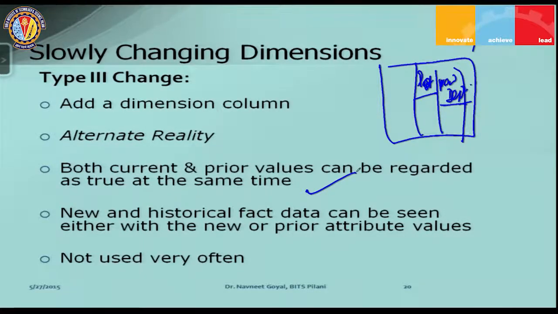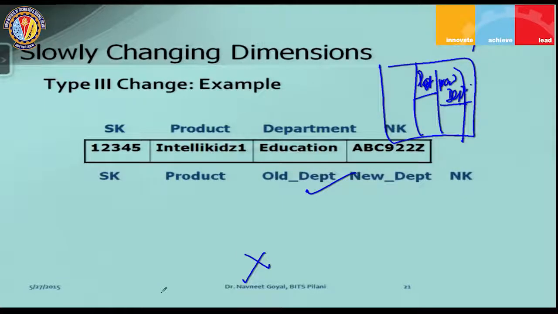New and historical fact data can be seen with either the new or the prior attribute values, but this is not used very often, because we use type 3 only in situations where you know which attribute is going to change and not many attributes change, so it is commonly not used.